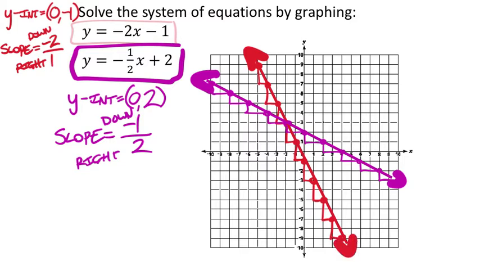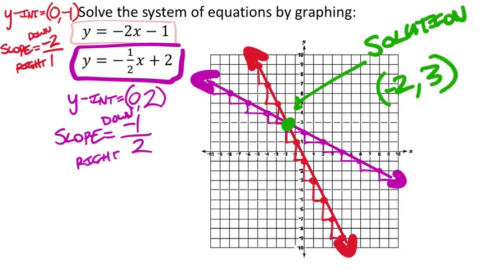There we go. All right, so we can see that point of intersection. It's right here. Well, that's where our solution is. And that solution is at, looks like it's at negative 2, 3. Okay, that's the actual answer that we want on this.